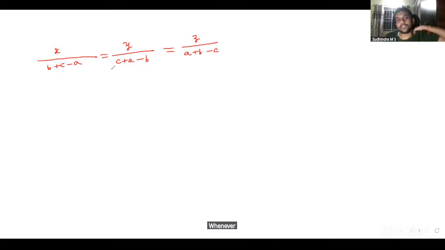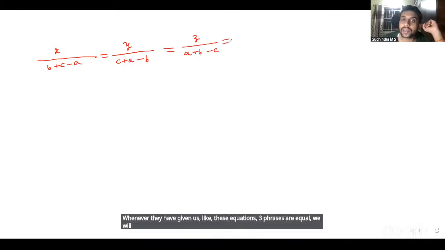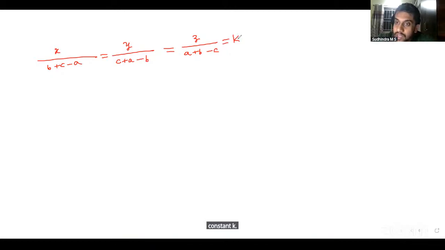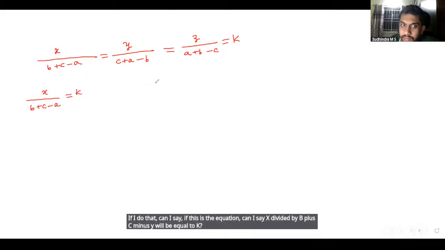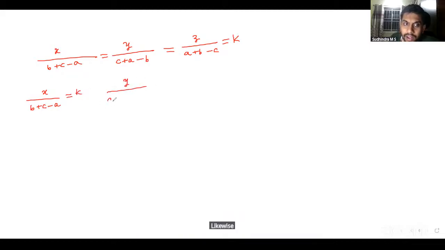Whenever they have given us equations like this, where three fractions are equal, we will equate them to a constant k. If I do that, can I say x divided by b plus c minus a will be equal to k? Likewise, y divided by c plus a minus b is equal to k, and z divided by a plus b minus c is equal to k.